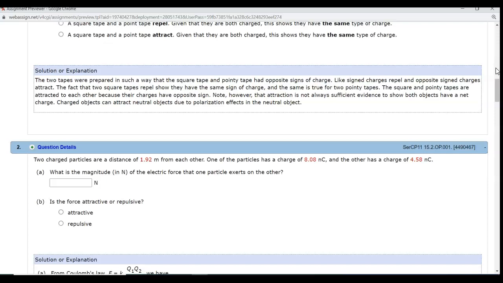The square and pointy tapes are attracted to each other because they have opposite signs. Note, however, the attraction is not always sufficient evidence to show both objects have a net charge. Charged objects can attract neutral objects due to polarization effects in the neutral object.